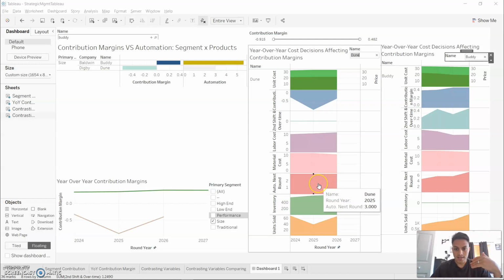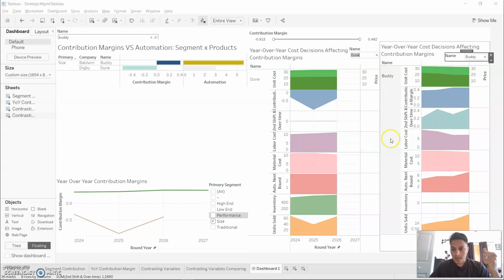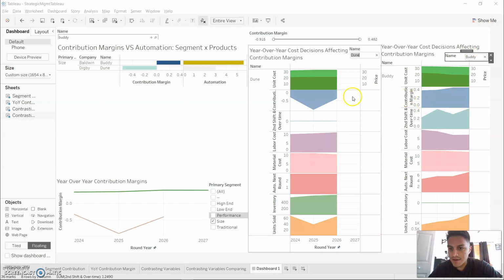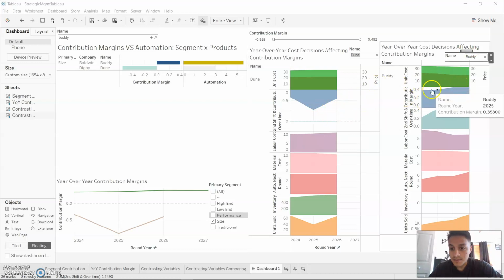Automation, which we already explained reduces the labor cost, and material cost, which is outside of the scope of this video, but is affected by other variables like research and development. And then the second shift overtime: you pay more for that marginal product that you produce with the second shift workers. The good thing here is that we have a one-on-one comparison of Dune and Buddy.